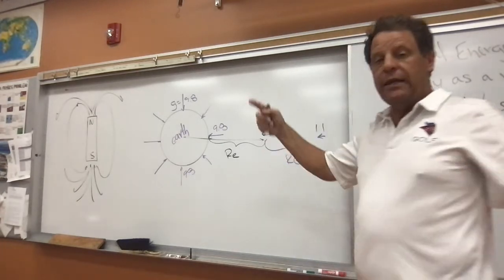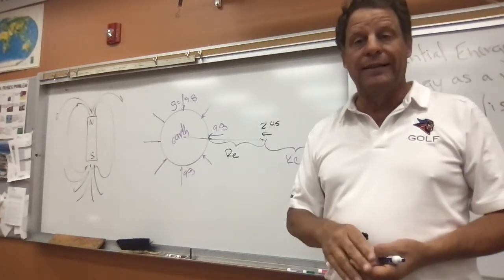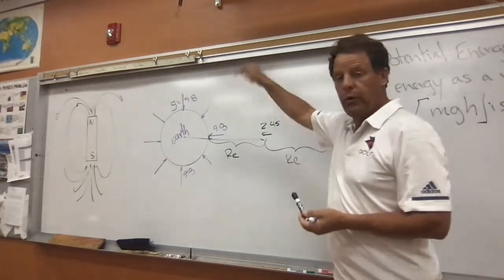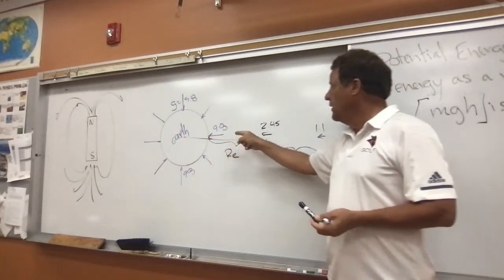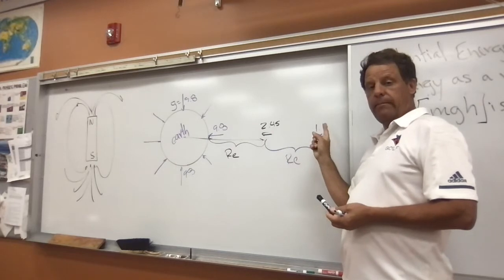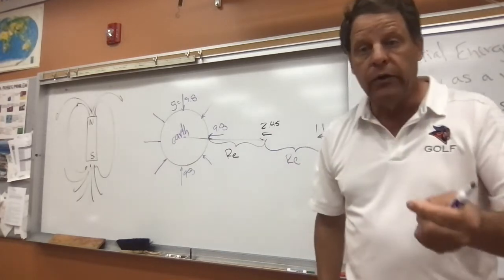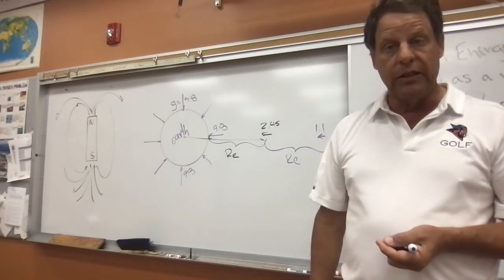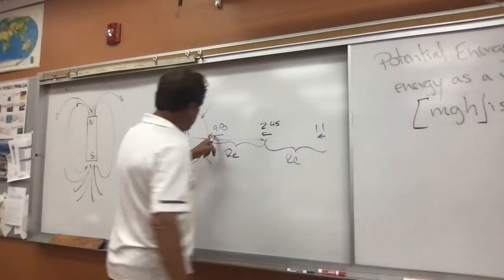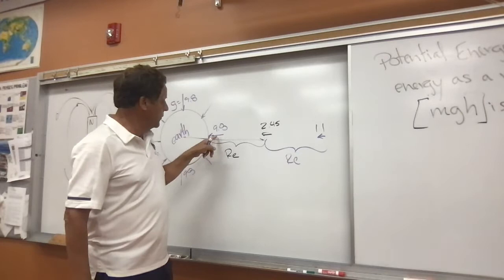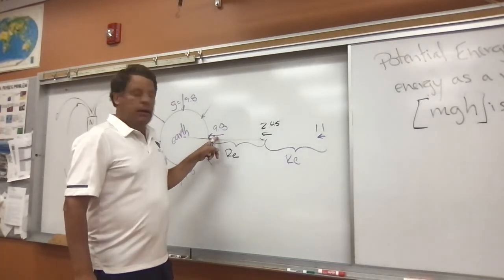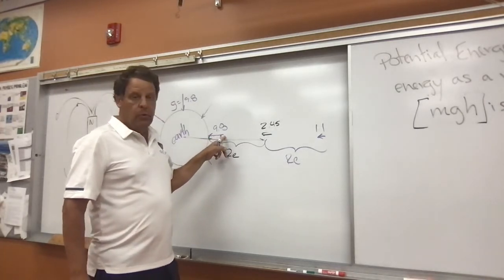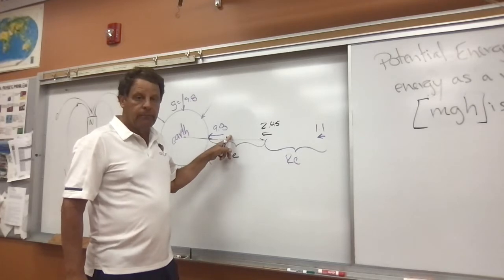So the gravitational field lines all point towards the center. But as you go farther and farther away, the strength of that gravitational field decreases. So presumably somewhere near the surface it's going to be 9.7, and 9.6, and 9.5.